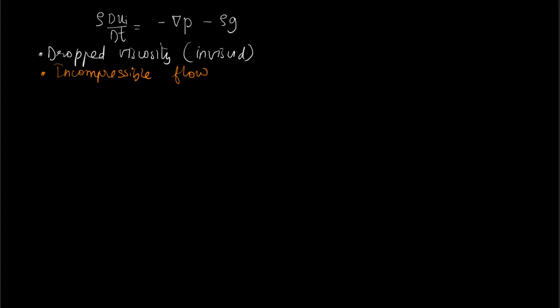So let us write down the expression. So we have rho del ui del t plus uj del ui del xj is equal to minus, or in fact, let us do everything in vector form. Let us not go to index notation.